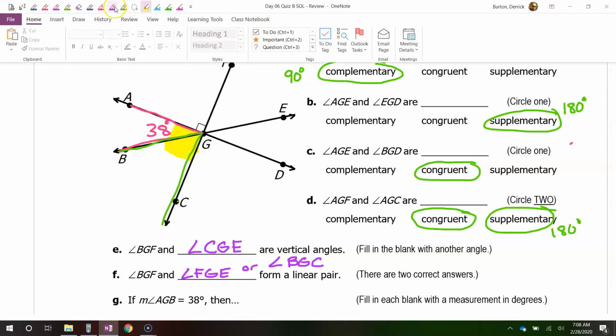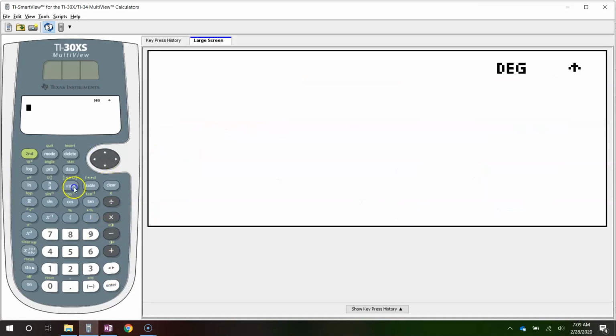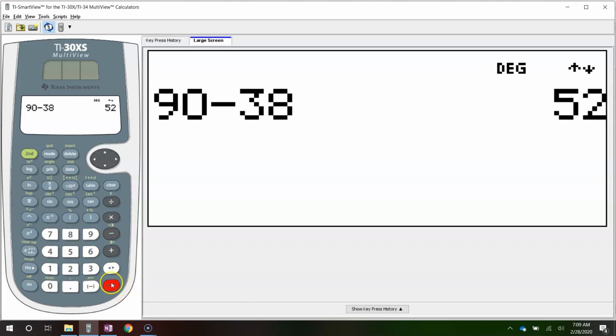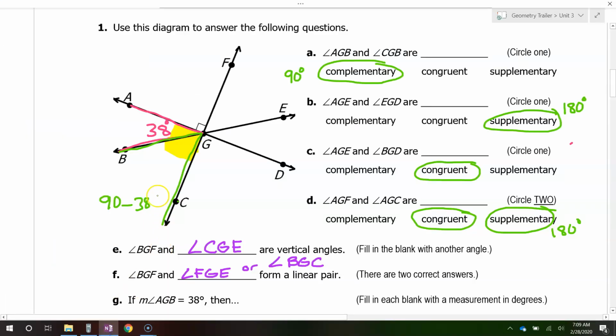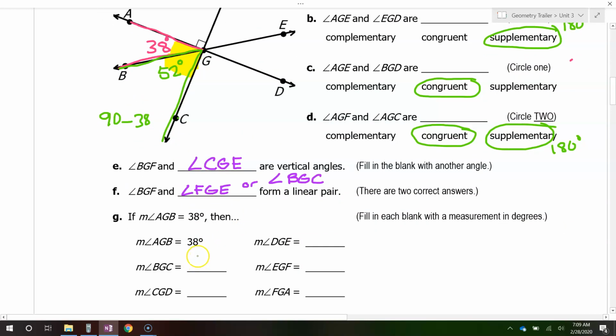So that means I just have to subtract from 90. So I'm just going to do 90 minus 38. So that is going to be 52. So this must be 52 degrees. All right. So we have 52.